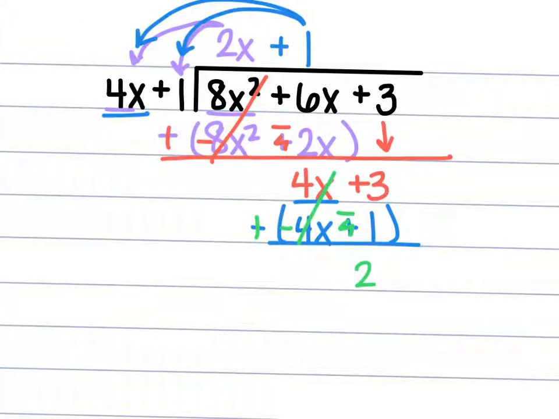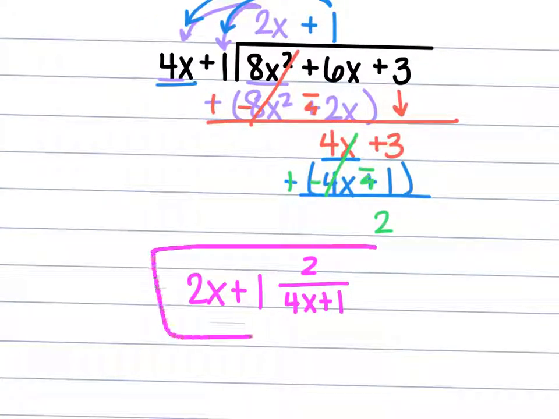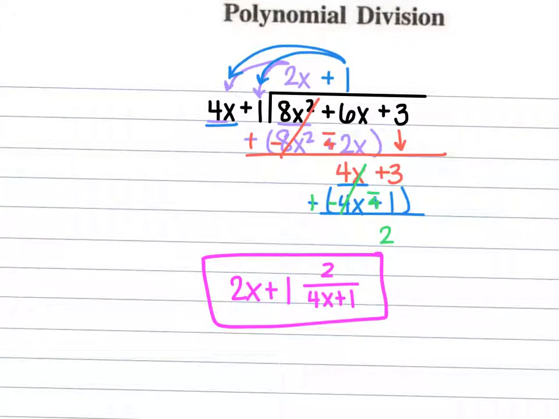When I have a remainder with these, I'm going to have the 2x plus 1 as my solution. However, I have a remainder of 2, so that 2 is going to go over what I divided by, which is the 4x plus 1. If for some reason our remainder had a sign with it, it would stay with the numerator in that fraction that we make with the divisor as the denominator and the remainder as the numerator.